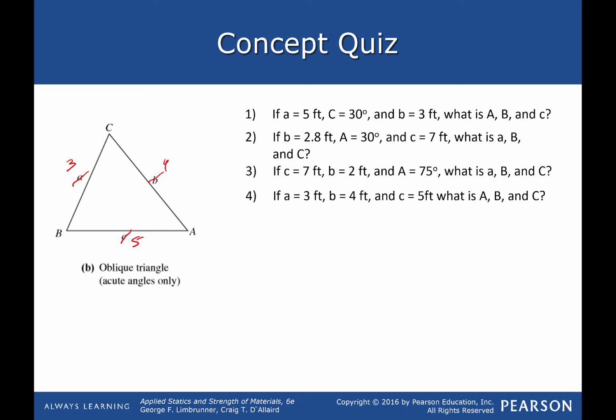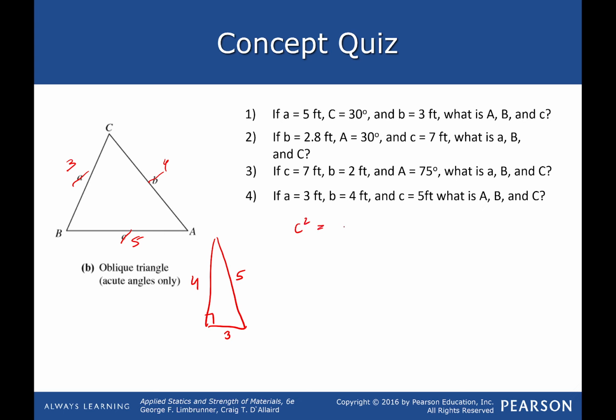And I'm just going to go ahead and tell you that this is actually a right triangle. How do I know that? Because this is a really popular one. 3, 4, 5. It's done a whole lot. Now, you don't know that yet, so we're pretending like we don't know that, and we're going to solve it as if we didn't know that, okay? But just so you know, we're going to solve for angle C first, and it's going to come out to be 90 degrees exactly.